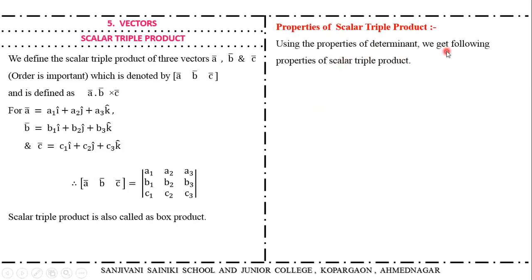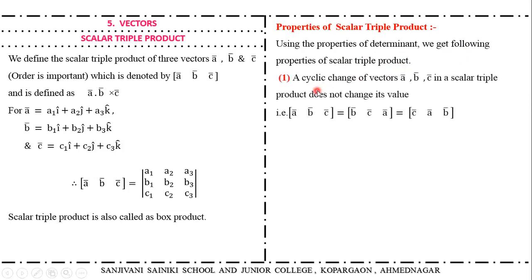Now let us study properties of scalar triple product. Using the properties of determinant, we get the following properties. A cyclic change of the vectors a bar, b bar, c bar in a scalar triple product does not change its value. What is meant by this property? If we change a bar to b bar, b bar to c bar and c bar to a bar, we get the same scalar triple product.